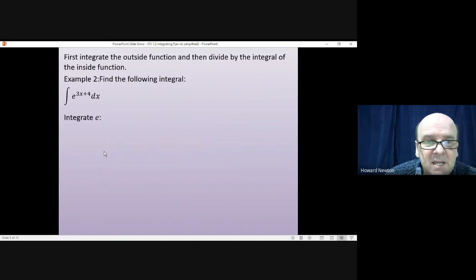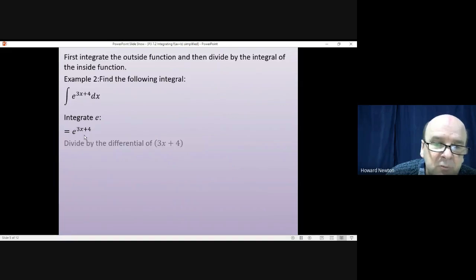So integrating e, nothing changes, so it'll stay as e to the 3x plus 4. But if we were differentiating that, we would first differentiate the e, but then we'd also have to multiply by 3 when we differentiate the 3x plus 4 using the chain rule. We need to do the opposite, so we need to divide by 3.